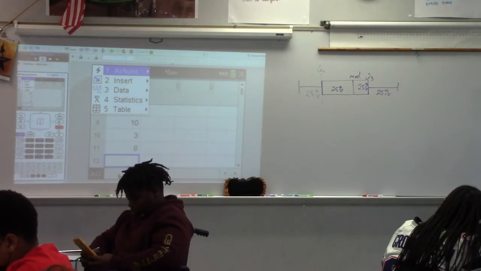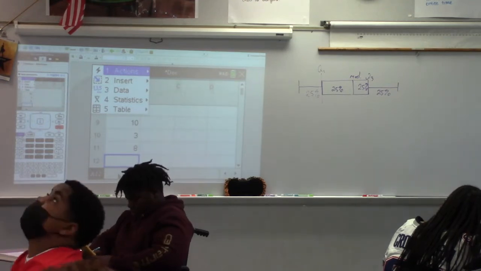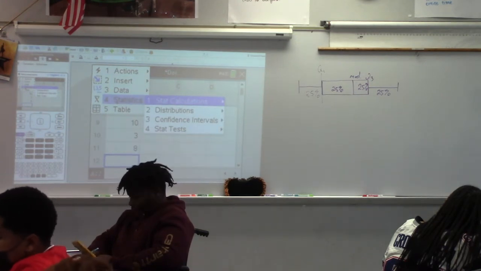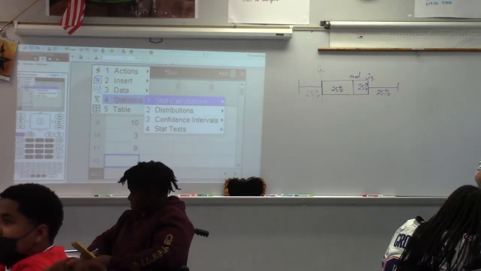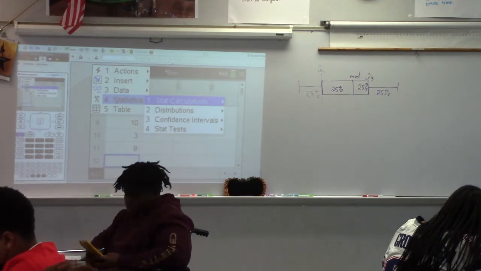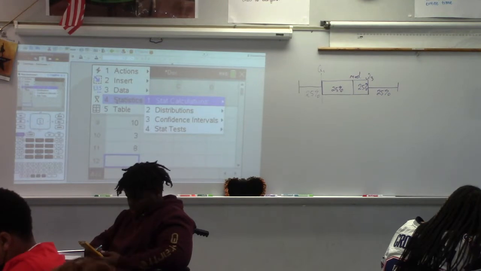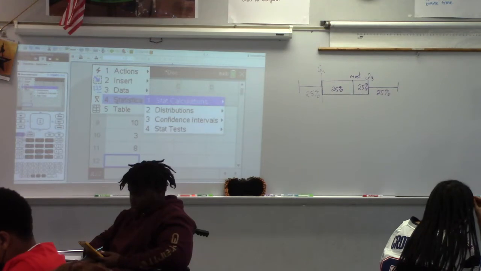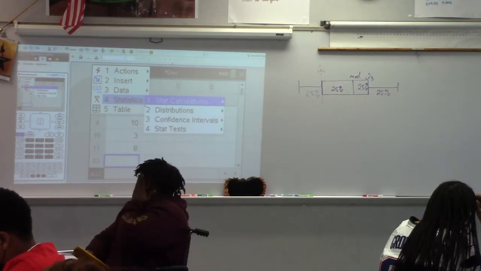So once I go to menu, I need to go to statistics. We're trying to calculate statistics. Okay? Under statistics, stat calculations. Make sure you go to stat calculations, not stat test. Stat test gives you things called p-values and helps you do something called hypothesis testing that you can study in AP stats. Something you're not studying right now, so don't sweat it.